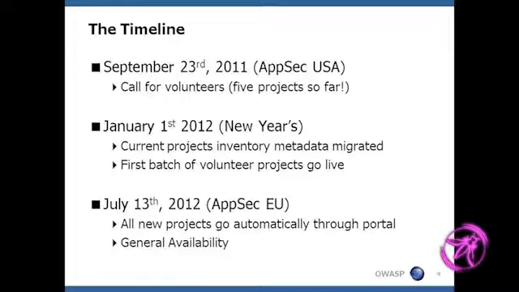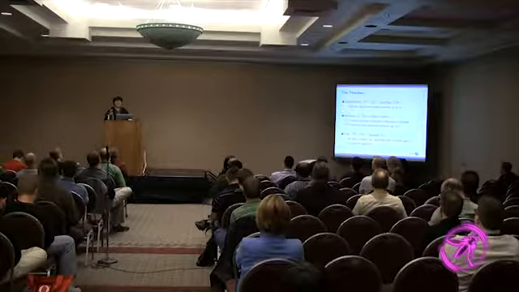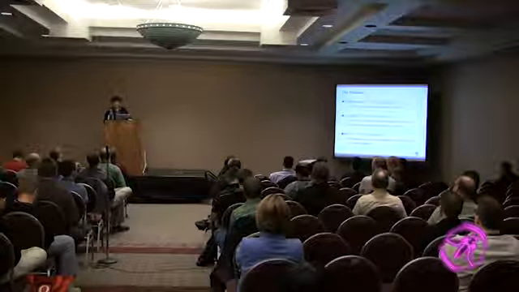We'll have the first volunteered projects over on that portal, and by next year, I'm going to assert that all new projects will be available on the projects portal, and anybody will be able to search on those. So this is the map of what I hope will become a far easier way for you to find the projects that you're looking for.